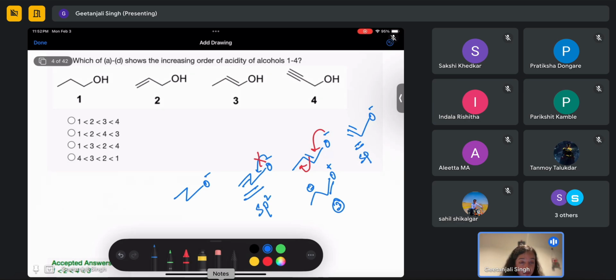Now we know the sp hybrid has more acidity compared to sp2. So third is most acidic, followed by the fourth one, then the second one, and finally the least acidic one is the first option.